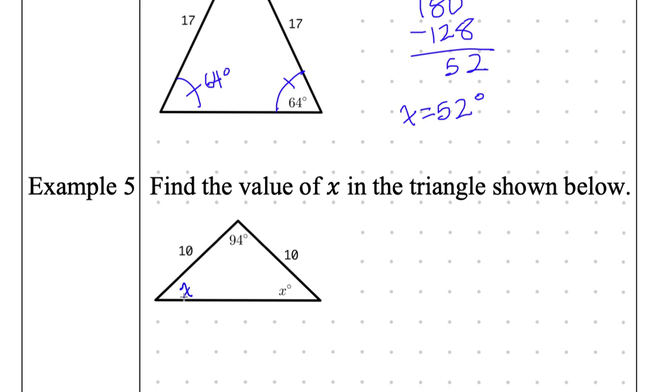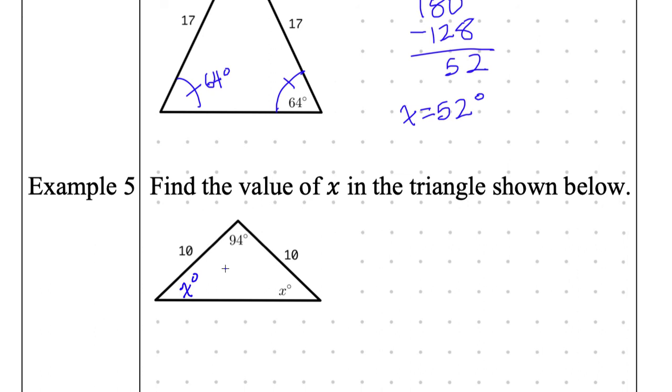It is indeed x degrees. So how am I going to figure out what x is then? Anyone have a strategy to do it? Gunnar? Subtract that from 180 and then divide your answer by 2. Oh, subtract what from 180?